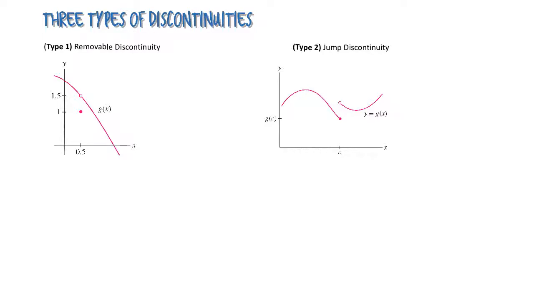Let's go ahead and start stating the formal definition of a removable discontinuity. I already started with the preliminary conditions here. A function f has a removable discontinuity, let me underline removable, this is what we're trying to define, at x equals a, if and only if the following is true.